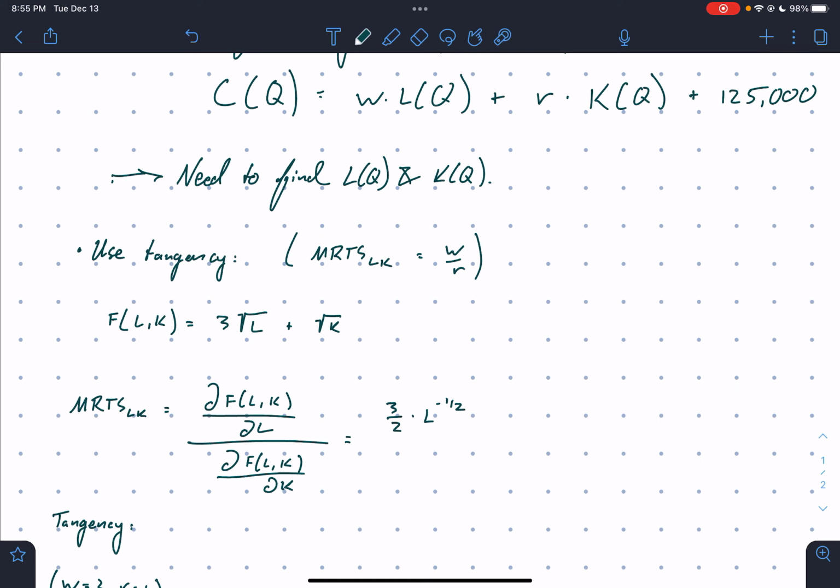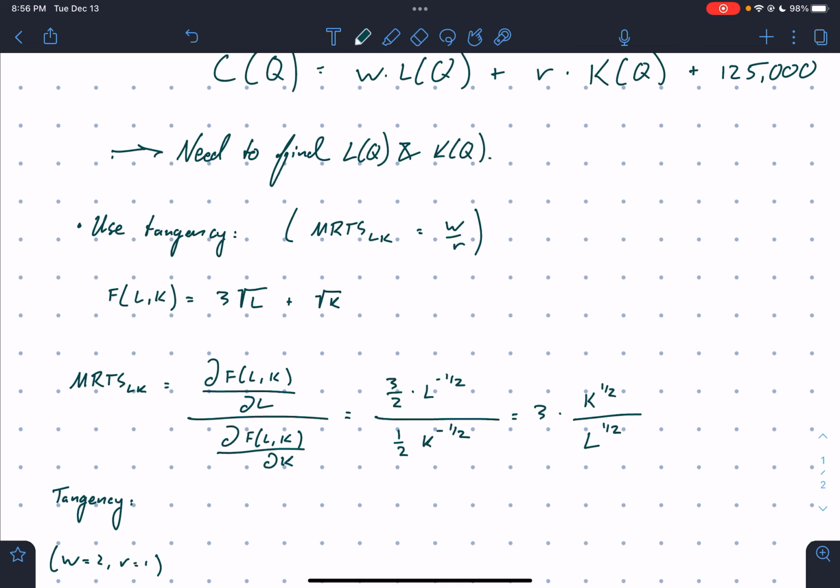So that's the derivative with respect to L. And the derivative with respect to K is going to be 1/2 times K to the negative 1/2. All right, so I can simplify this a little bit, and I will get 3 times K to the 1/2 divided by L to the 1/2. So this is what I get.